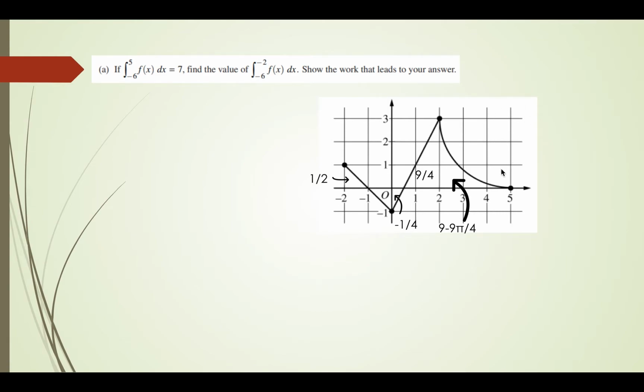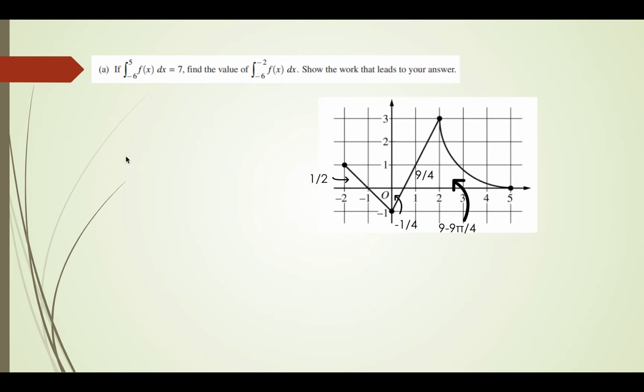But since we only have 1/4 of that circle right here, the area of this section would be 9 pi divided by 4. And so what you see here is 9, which again is the whole square, and then I'm subtracting out the area of this quarter circle, which is 9 pi over 4. By taking the whole square and subtracting out this portion I don't want, that should leave us with this area trapped under the curve.